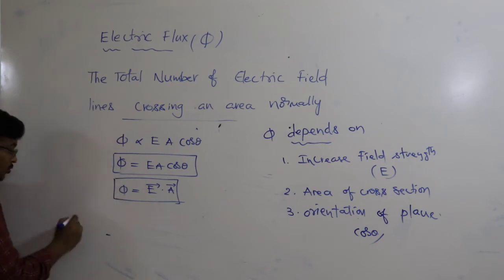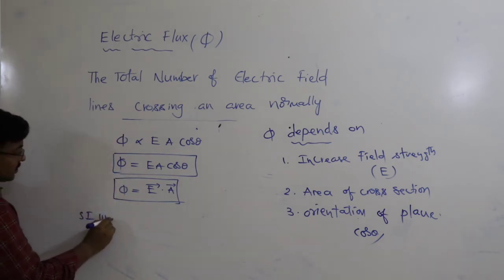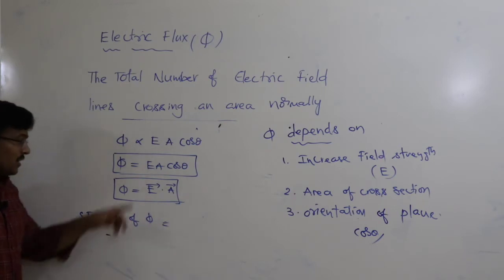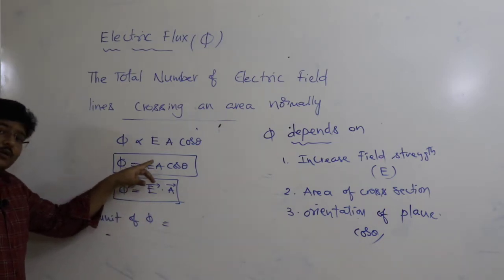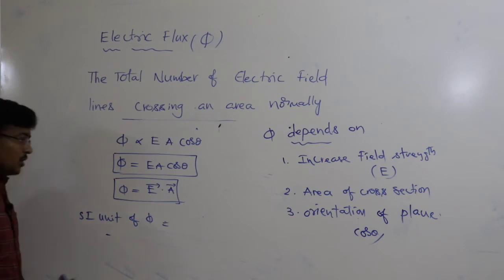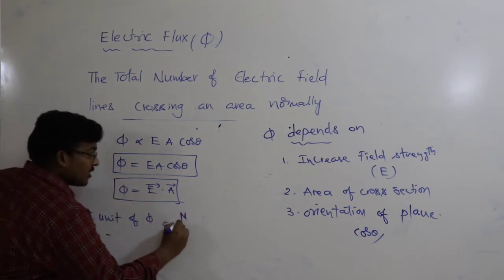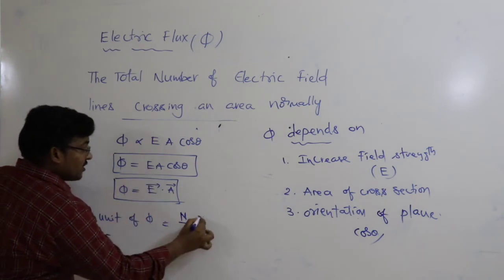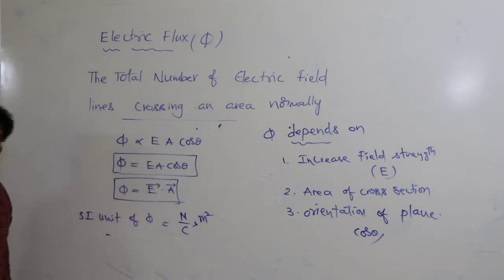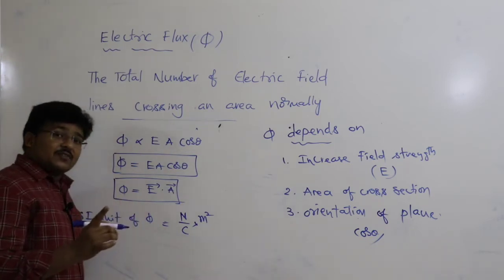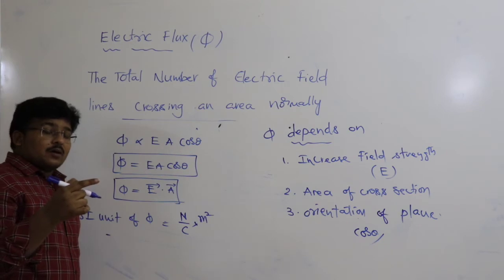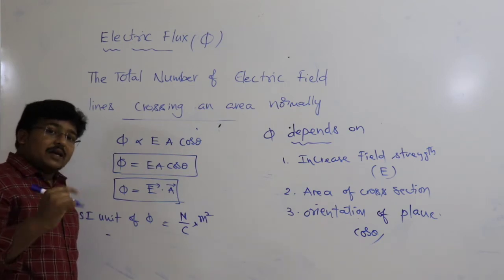Sir, then what are the units of flux? SI unit of flux. If you know E and A units, then flux units follow. You know that E units are Newton per Coulomb and area units are meter square. So Newton per Coulomb meter square, or in electrostatics we know that electric field is equal to V by D, potential by distance.